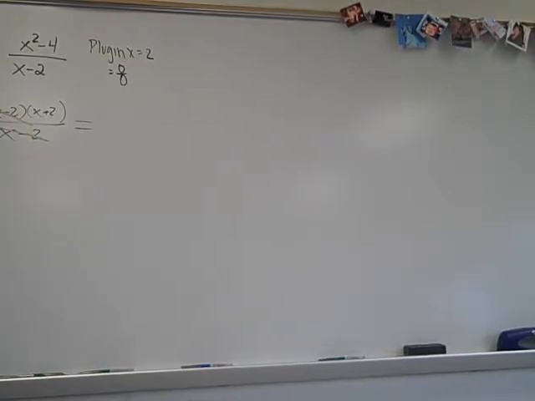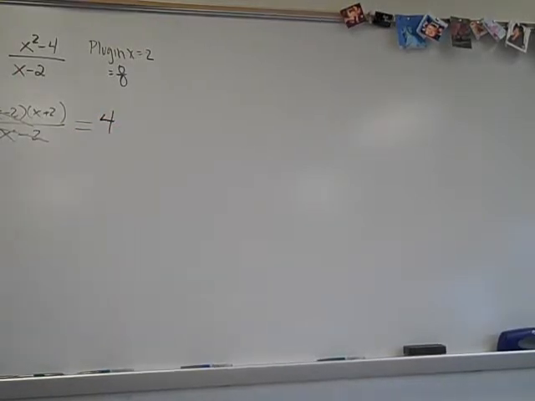So the graph looks like this, with a hole here. I don't have to graph it. I can just know the common factor cancels out, and then I can plug in. That's where the hole is, and that's also where the limit is, because from the left and the right, I'll be approaching that y value. So the answer is going to be 4.